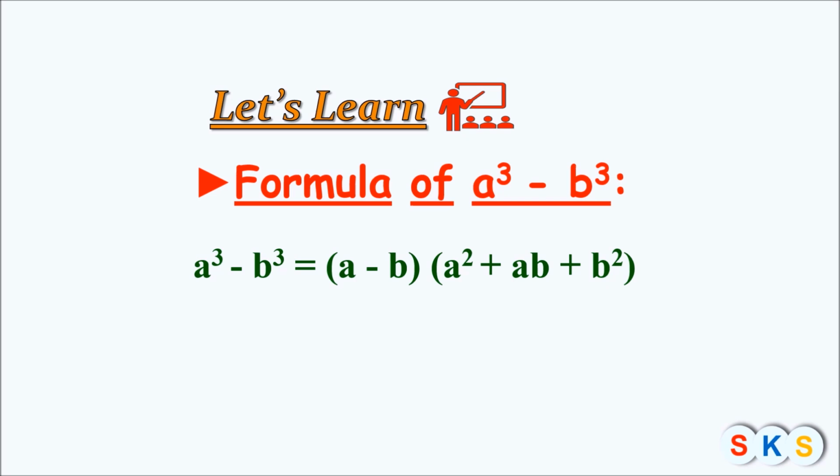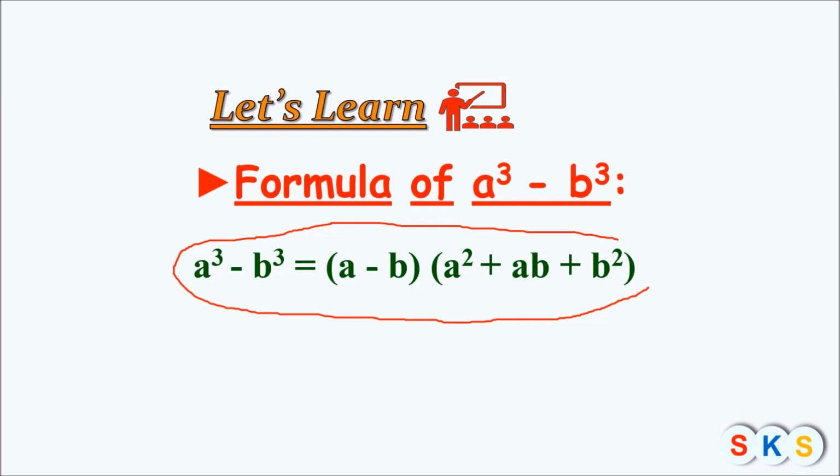You have to learn this formula, because in the next exercise we are going to find the factorization of binomials which are in the form of a cube minus b cube.